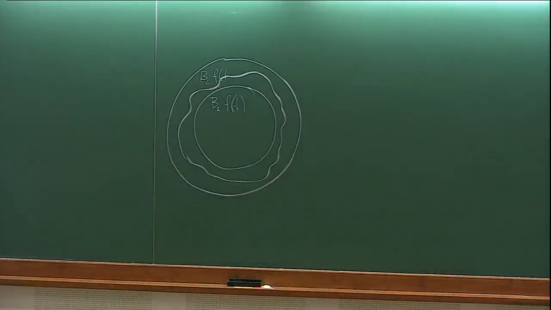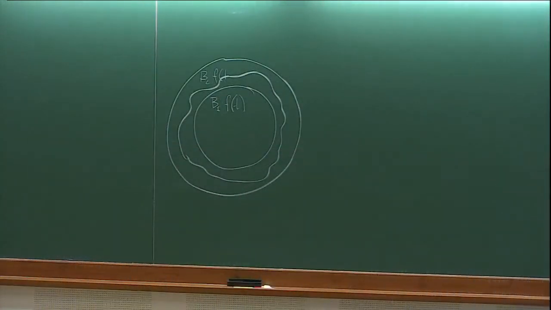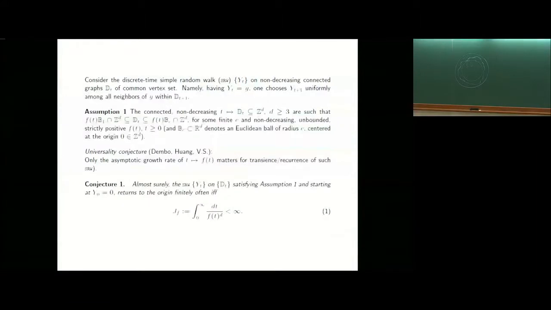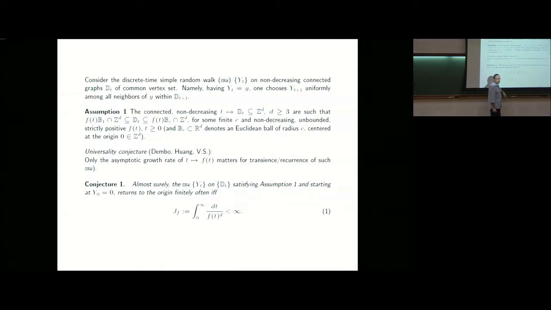Based on some heuristic calculation, together with Samir Dembo, Ruojun Huang and myself, we conjectured a couple of years ago that the walk is transient if and only if the function f^(2-d) is integrable.